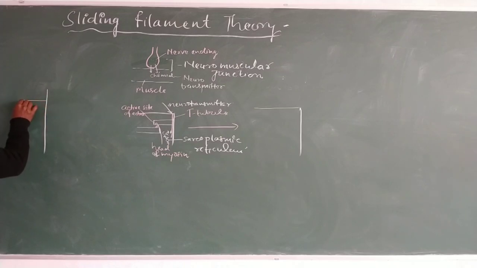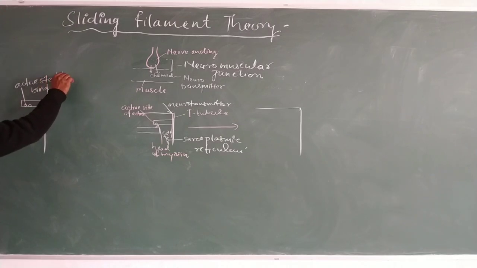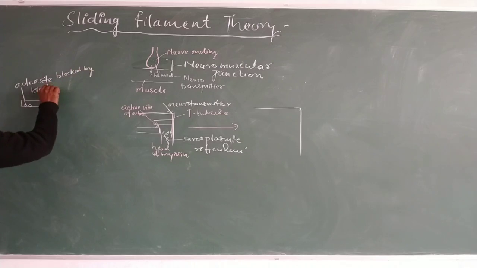In the resting stage, the actin filament consists of active sites, and these active sites remain blocked by binding with troponin.